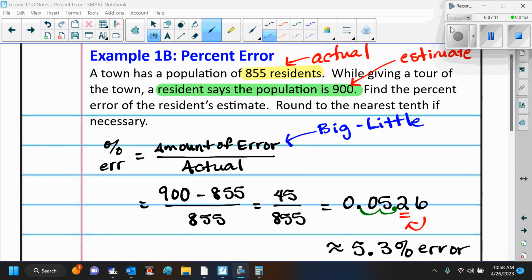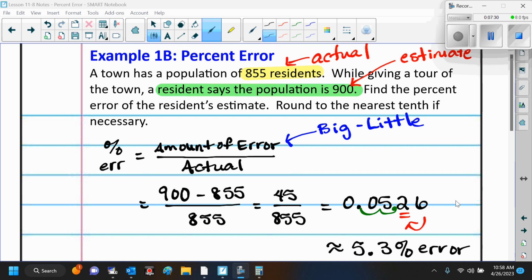All right, so the 855 residents, that's the actual amount. The estimate is 900, okay? So that means when we subtract, we're going to get 45, and the actual is 855. We'll divide by that. So that's going to give us this decimal.